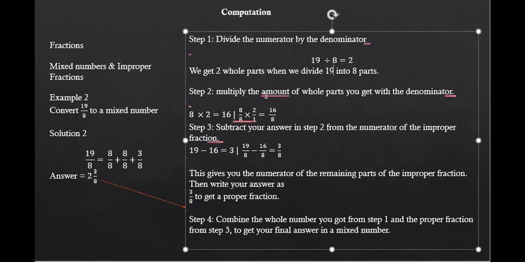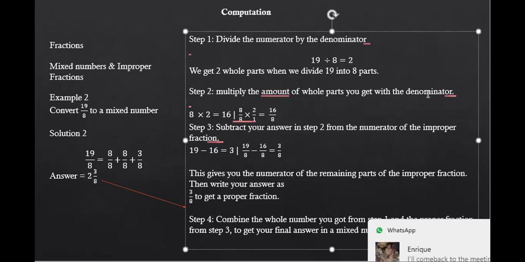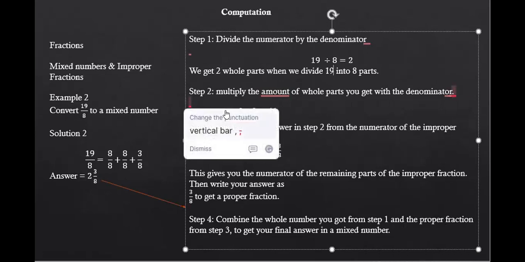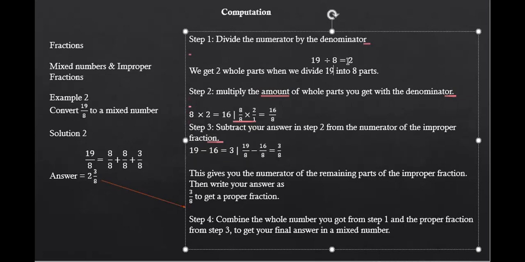Step 2, we must multiply the amount of whole parts that we get by the denominator, right? So in this case, from before we got 2, we're going to multiply 8 by 2, which gives us 16.